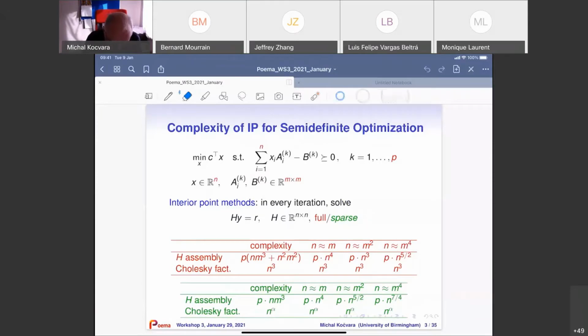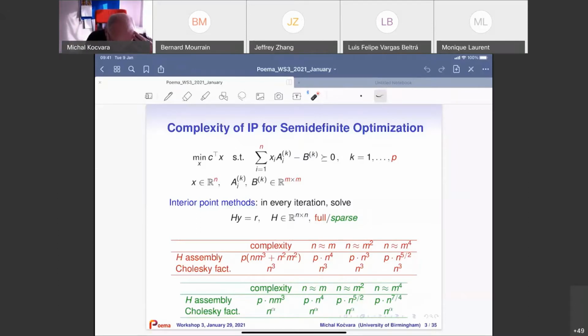It's usually called a Schur complement matrix. What is costly is first the assembly of that matrix, the computation of this matrix, and then the solution of the linear system with this matrix. The solution of the system is typically done by Cholesky factorization. If my matrix is full, then it's just n cubed. Again, n is the number of variables, so the matrix H is an n by n matrix.